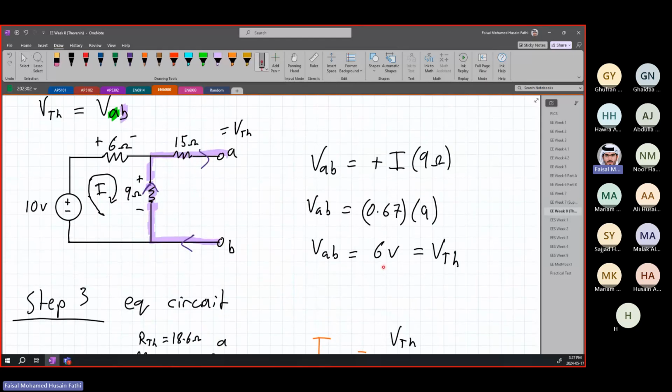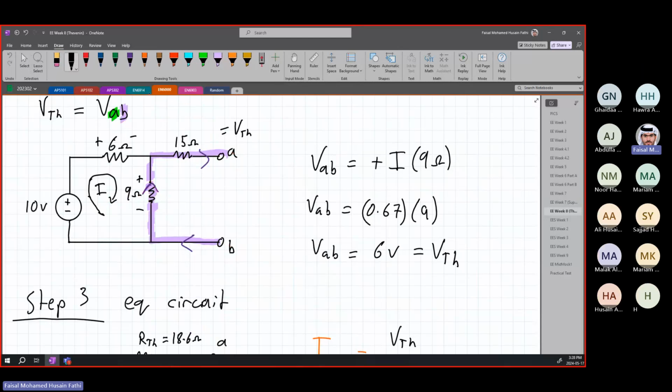Since we are going upwards here, from B to A, because remember, VAB means we are going from B to A, I'm actually going to write that down. So it's from B going to A. Again, you just follow from B to A. We are going through this resistance from minus to plus.